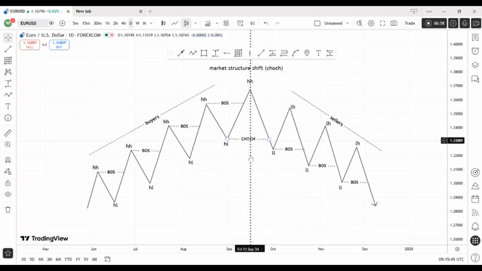We have to look for confirmations to see if the sellers have entered the market and their validity in the market. So when a higher low is broken, it forms a change of character, also known as a market shift.